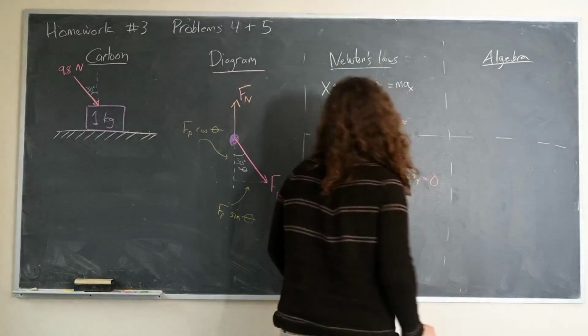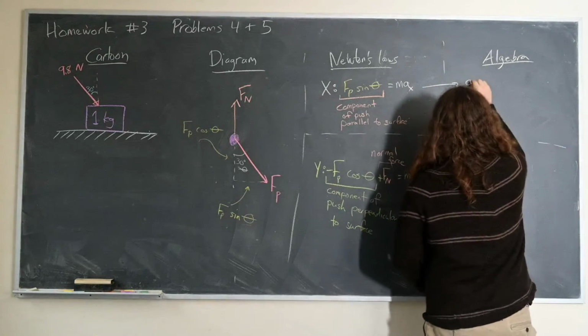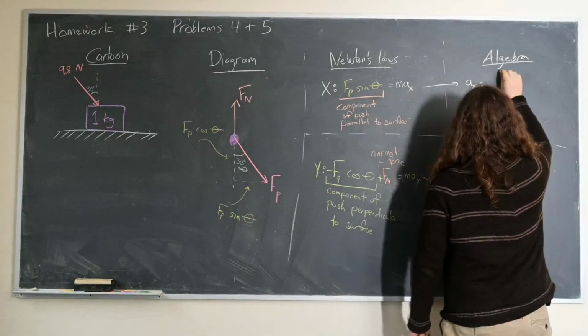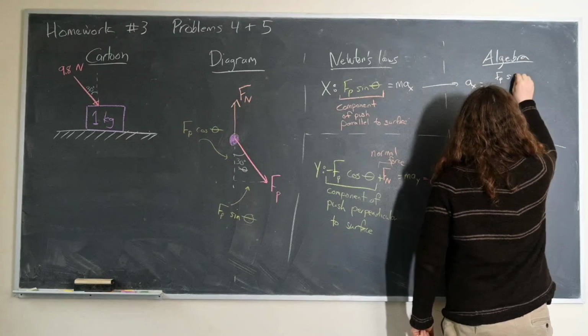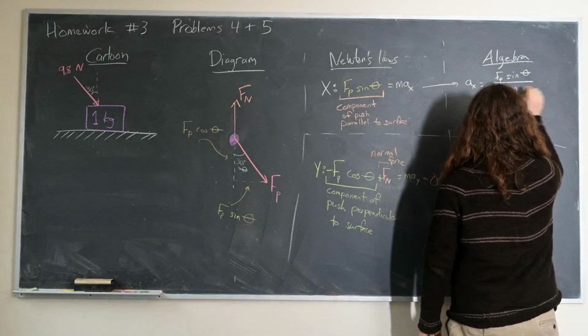Let's do the algebra. All right, this is easy. A sub x equals Fp sine theta divided by m.